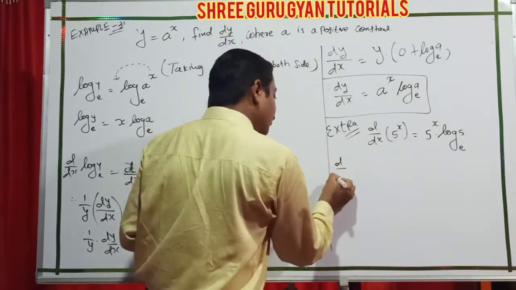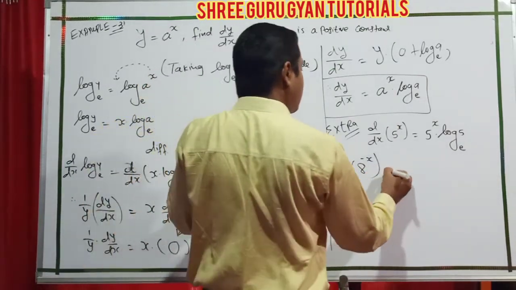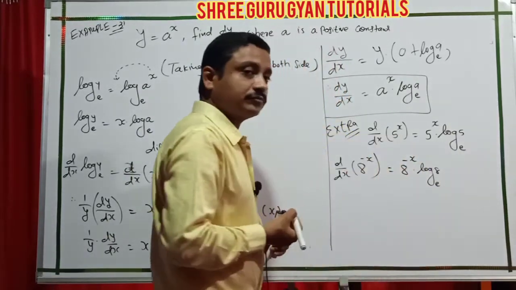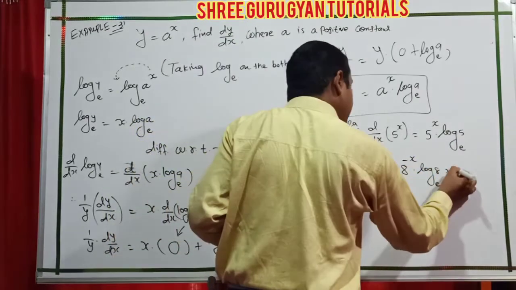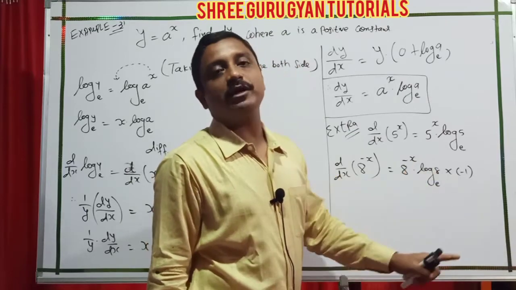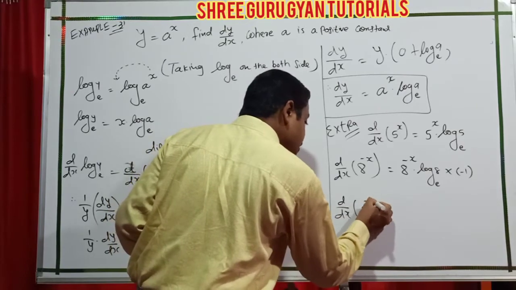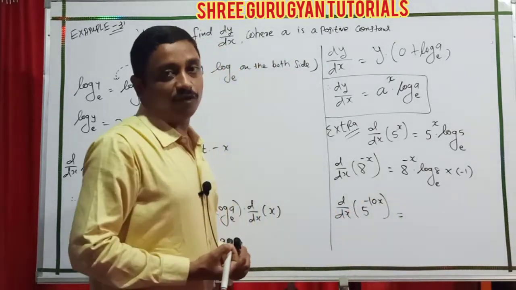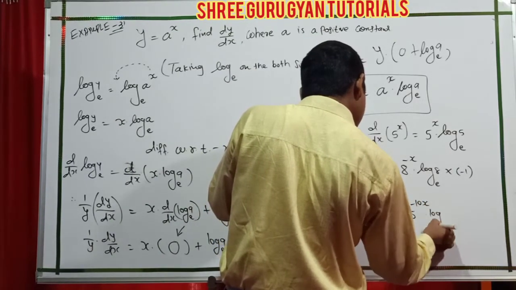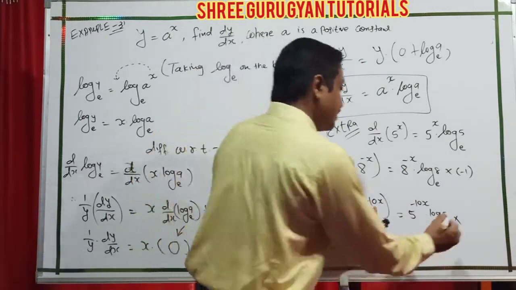If you are given d dx of 8 raised to minus x, then same as here: 8 raised to minus x into log 8 base e into minus 1, because the derivative of minus x is pending, and it is minus 1. One more, if you are given d dx of 5 raised to minus 10x, then also valid in this way: 5 raised to minus 10x into log 5 base e into the pending derivative of minus 10x, it is minus 10.